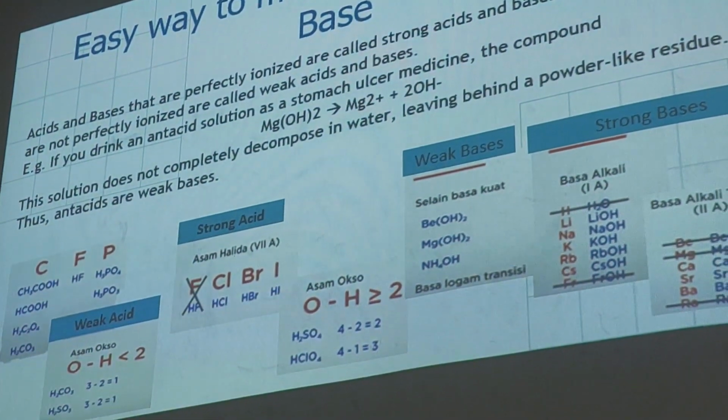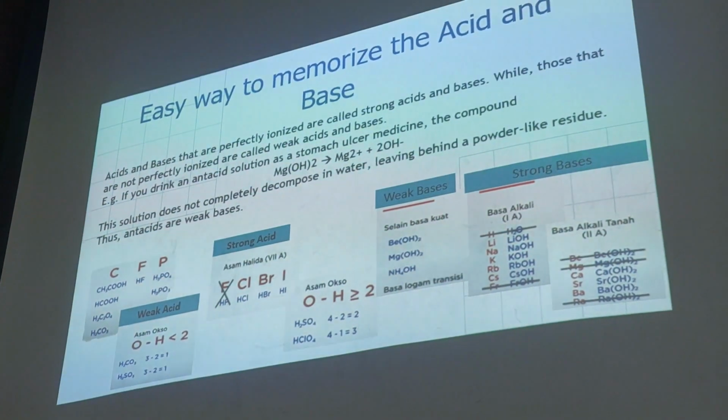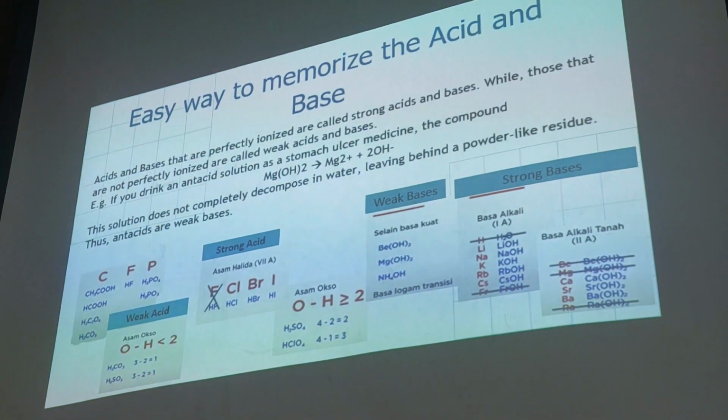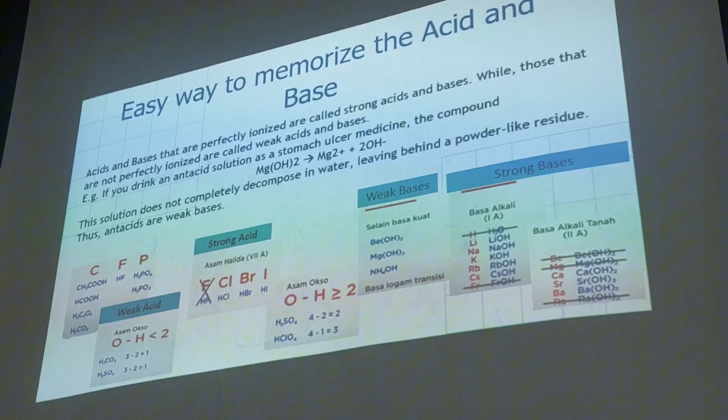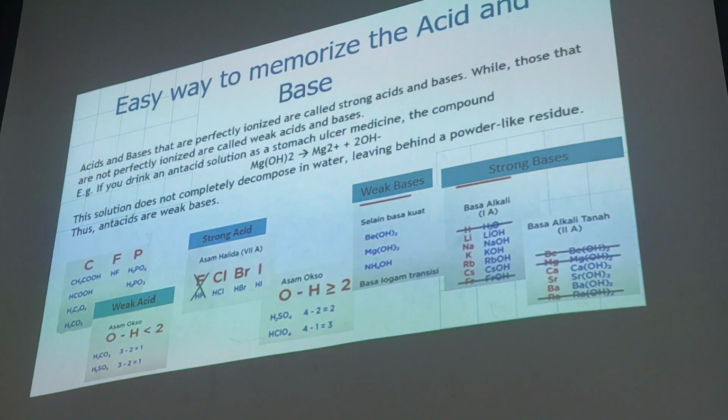Do you still remember this? Yeah, the easy way to memorize the acids.